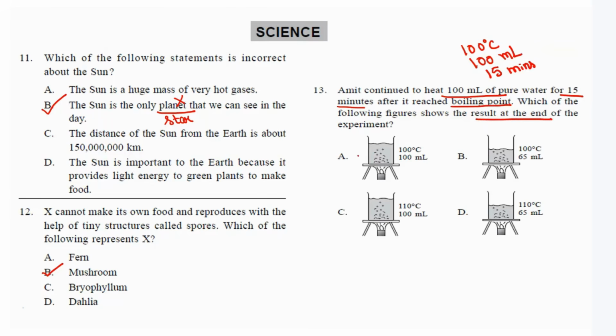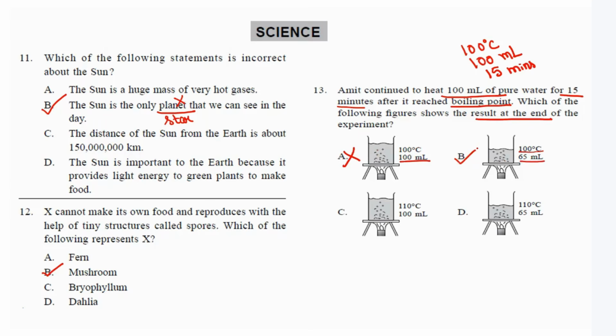Let's see. In option A, it is given as 100 degrees, 100 ml. So do you think after heating for 15 minutes at 100 degrees, the water will remain the same 100 ml? No, right? Why? Because some amount of water will be evaporated. Coming to option B, it is given that the temperature is 100 degrees and the water is 65 ml.